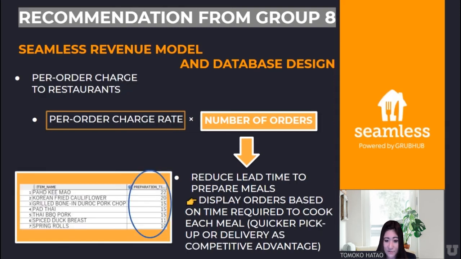With the per order charges to restaurant partners, Seamless could maximize revenue by either increasing the per order charge rate or increasing the number of orders that each restaurant partner can accommodate. To increase the number of orders to be handled, we believe Seamless can add more data such as meal preparation time to be used to streamline kitchen operations, as well as to display menu items in order of easy-to-process meals in each food category.